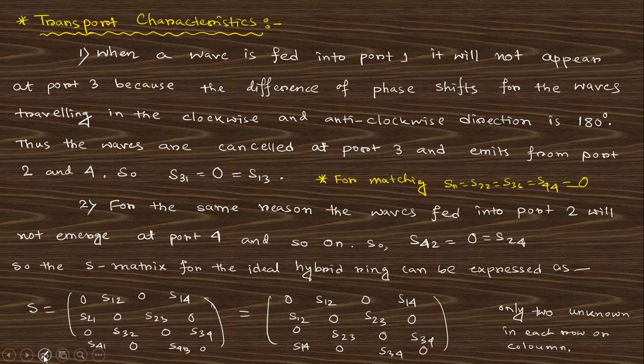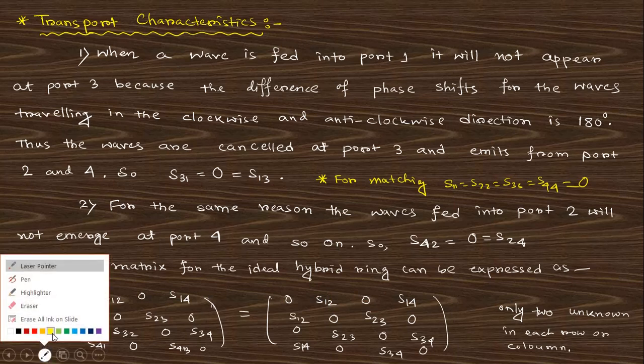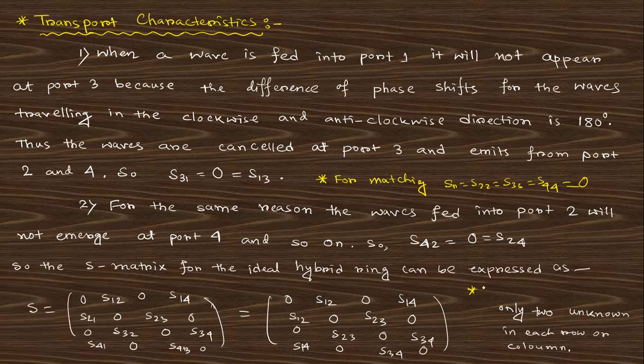So using this relation, you can get this S matrix, and finally for the unitary property you can write down S12 square plus S14 square equals 1. So there is only one independent unknown variable.